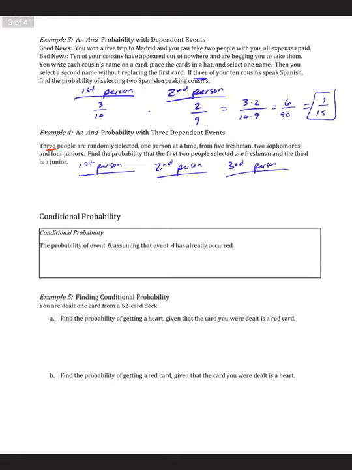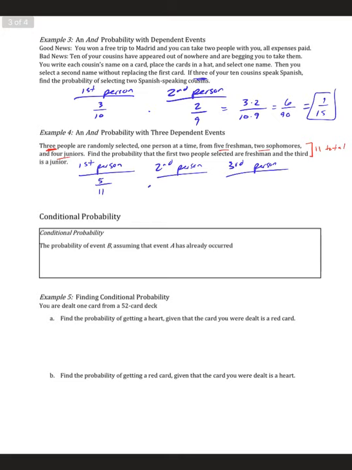We also have to take into account how many people we have total. We have 5 freshmen, 2 sophomores, 4 juniors. So altogether we have 11 people total. Now we want the first person to be a freshman. So we have 5 freshmen out of a total of 11 people.